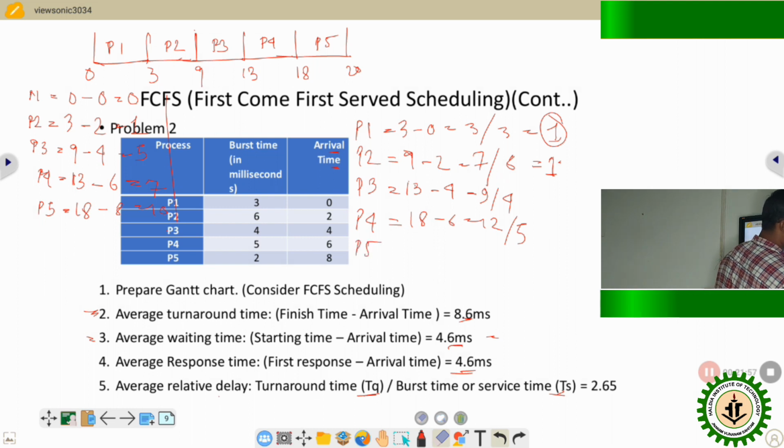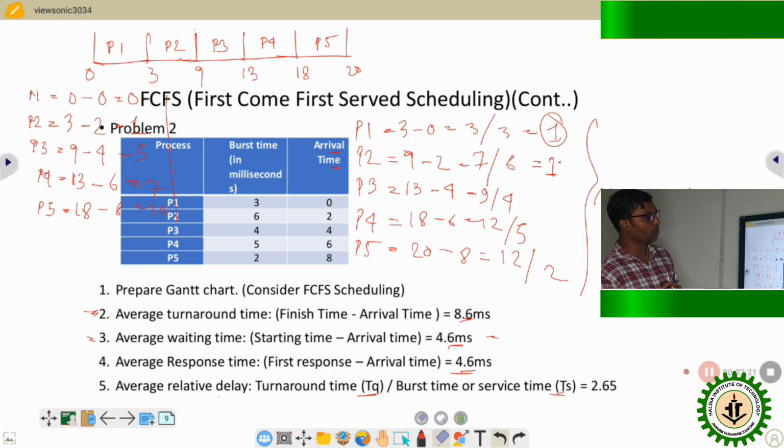For process P5, finish time 20 minus its arrival time is 8, that is 12 by burst time is 2. If we add all those things and divide it by 5, you will get the result 2.65. In this way you can calculate the relative delay.